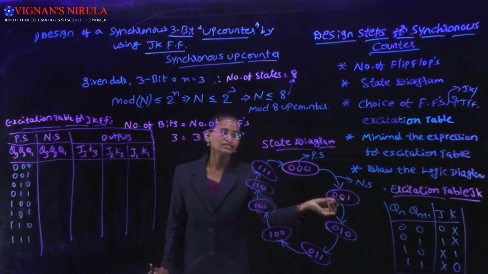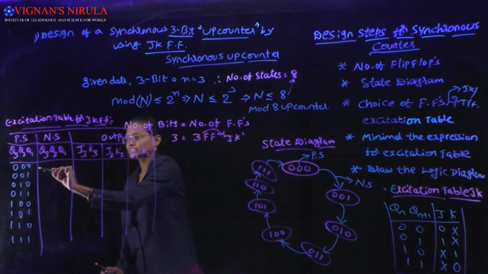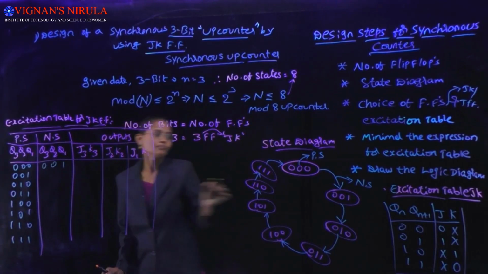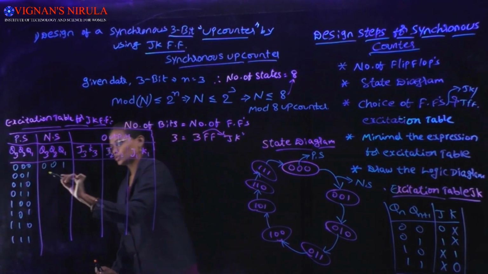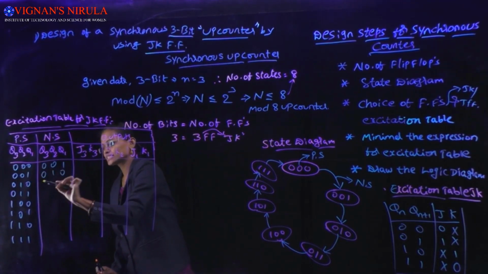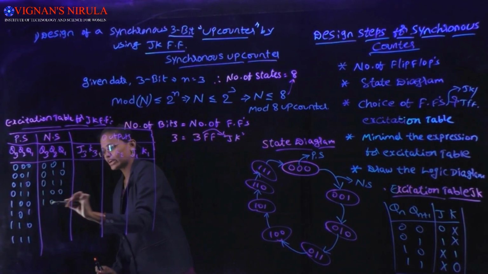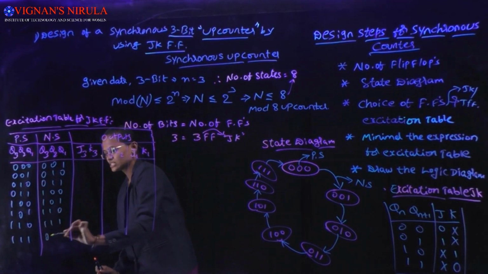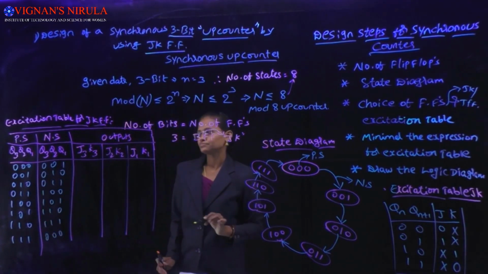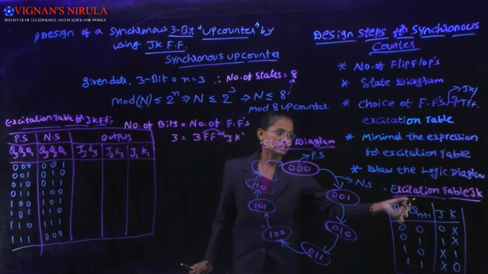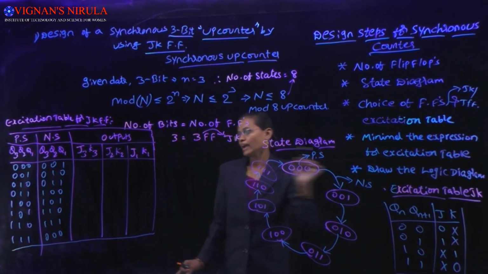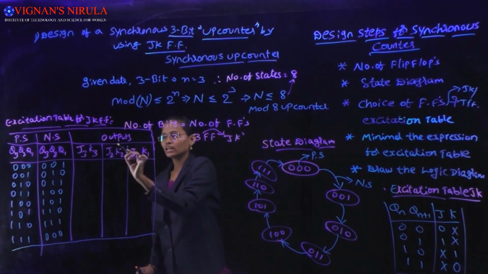The next state is 1: 0 is the present state and the next state is 1; then 1 is the present state and the next state is 2, in binary; 2 goes to 3, 3 to 4, 4 to 5, 5 to 6, 6 to 7, and 7 to 0. Okay, and here by using the JK excitation table, note down the JK outputs.